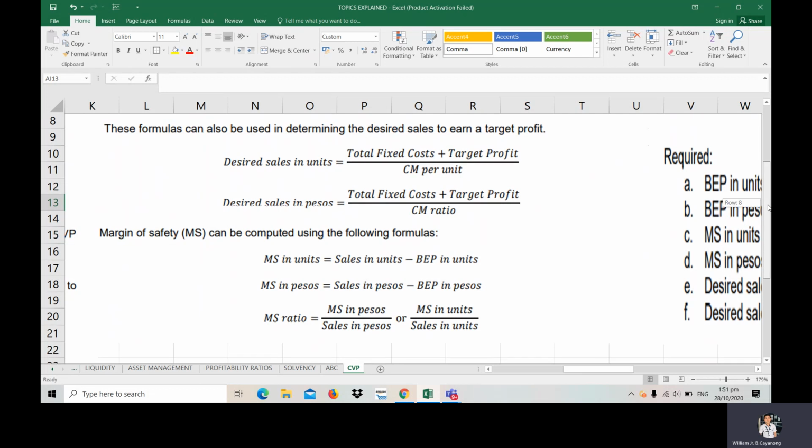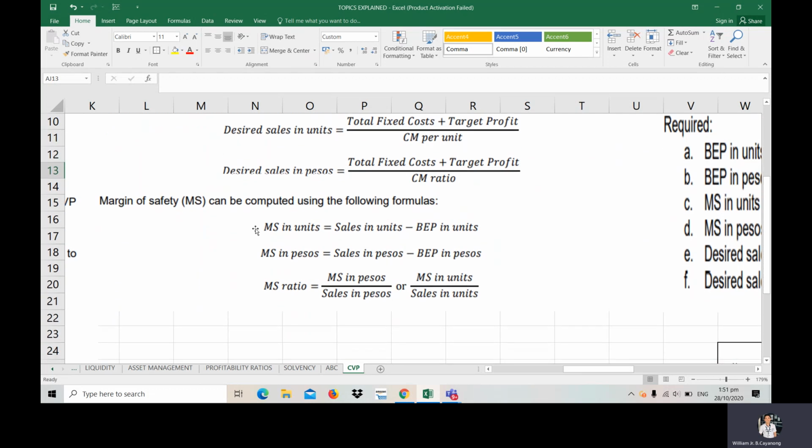How about the margin of safety? Margin of safety can be computed using the following formulas. Sales in units minus the break-even point in units. If you are going to get it in pesos, sales in pesos naman ang gagamitin natin minus break-even point in pesos. How about if it's in ratio?